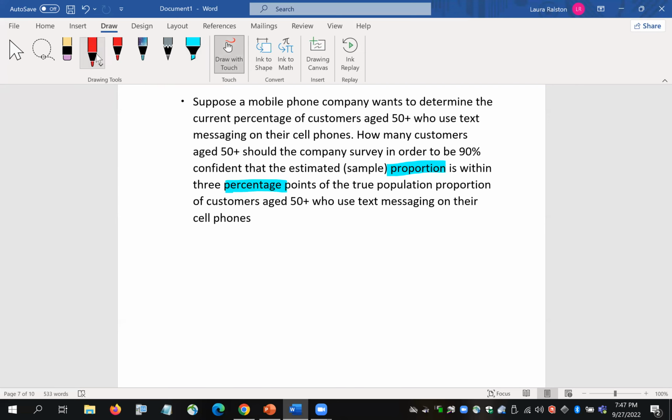So that should be the red flag blinking in your face saying that we want to do the sample size estimation for a proportion.